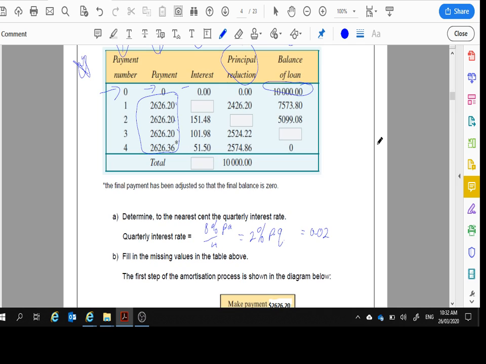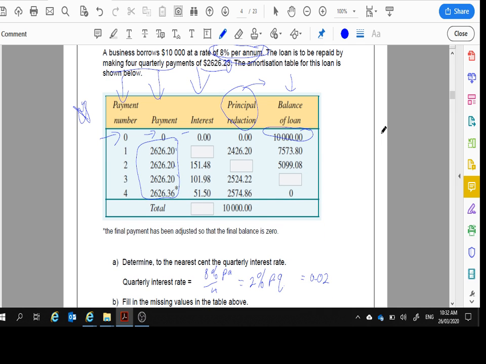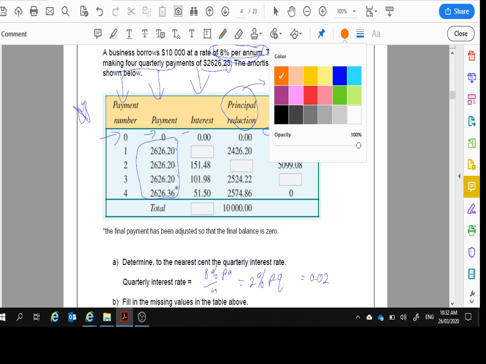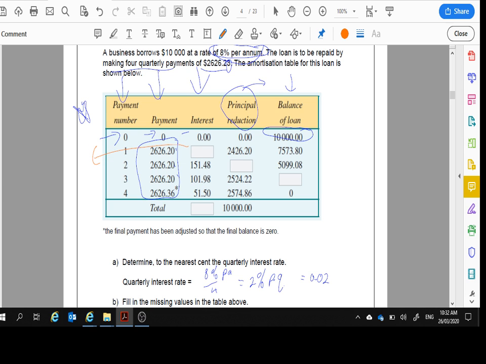Okay, this shows you all there, but I'm going to do it for you. So we already know it's 2%. We can do this interest in different ways. I can just take away these because the payment that I make minus the principal reduction is the interest.